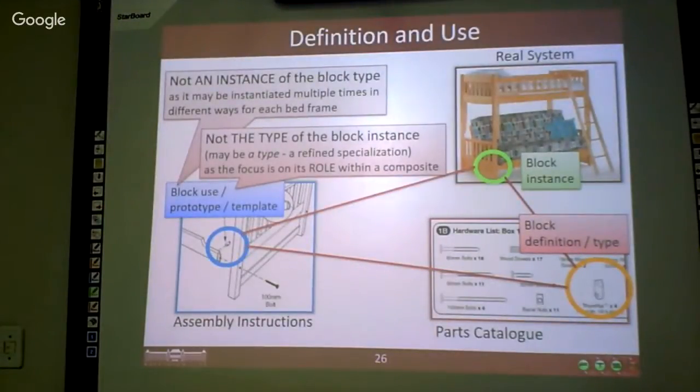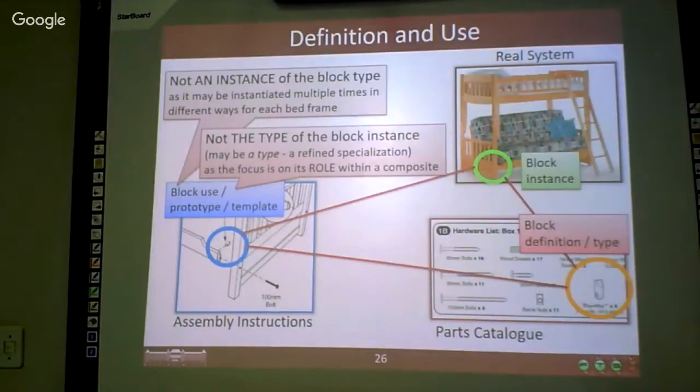here at the assembly instructions, this is not an instance of these types because, as you could see, we could instantiate it multiple times in different ways. The assembly instructions and the block usages do not define the type of the block instances here.